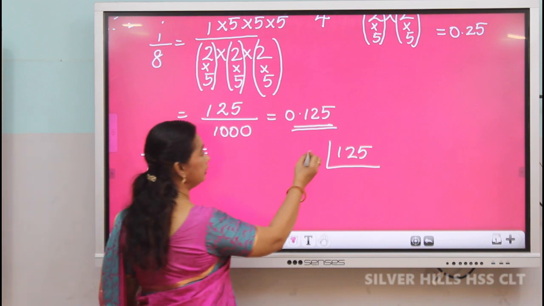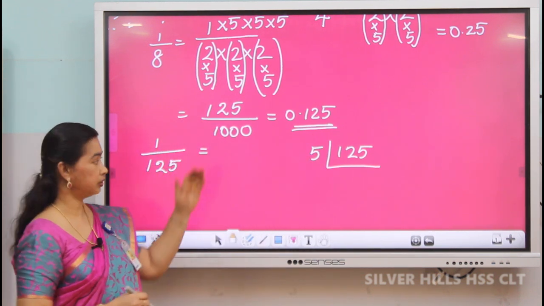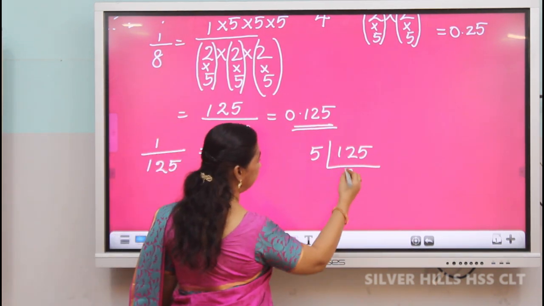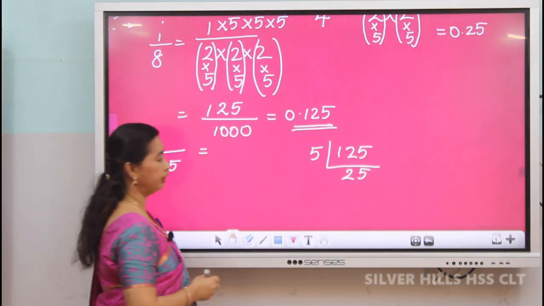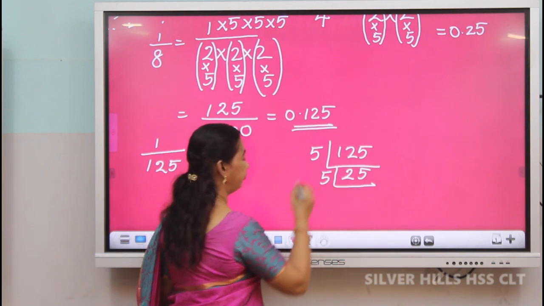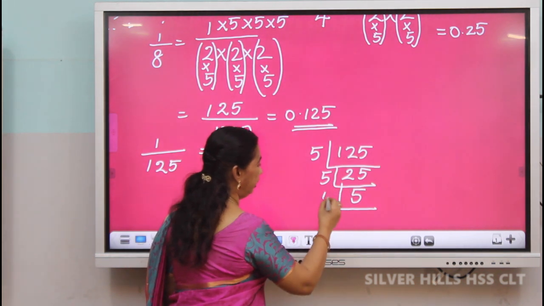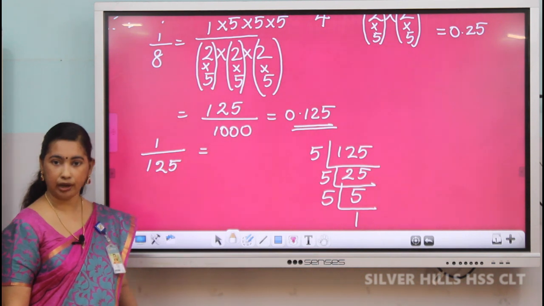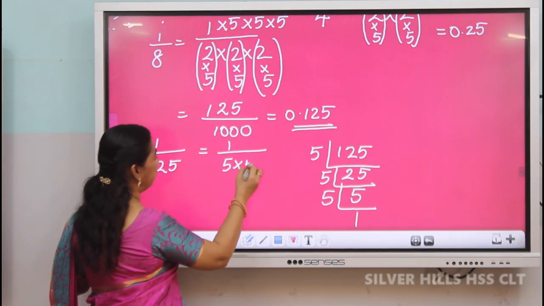Factorizing this 125, you know that it is only divisible by 5. 5 5s are 25. Again factorizing with 5 only, and again 5, if I am dividing you will get 1. So the factors of 125, I can write as 5 into 5 into 5.